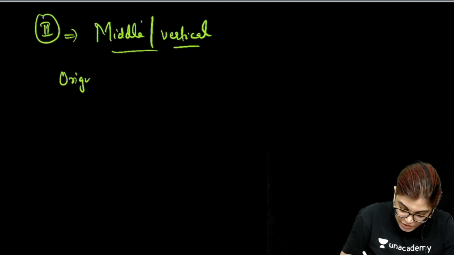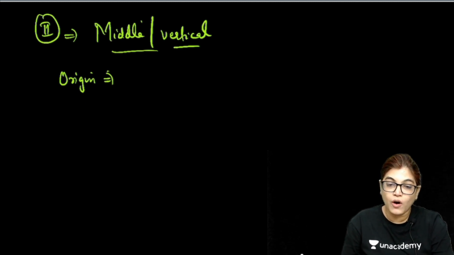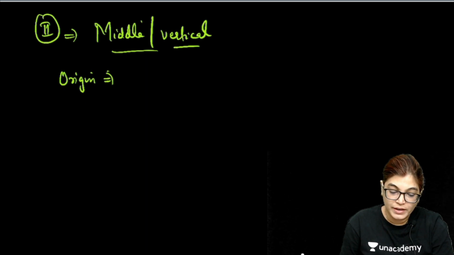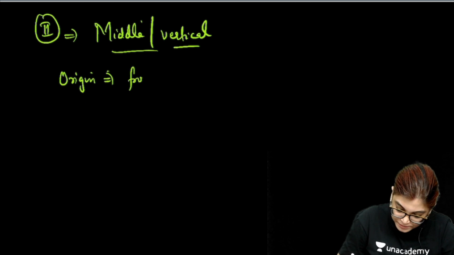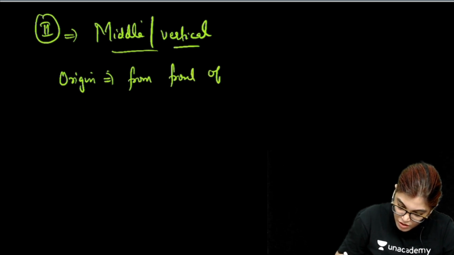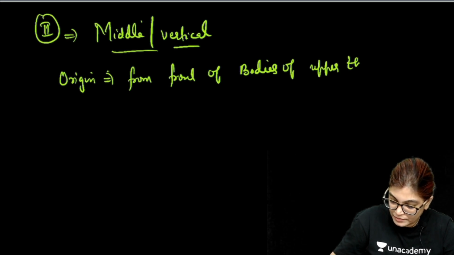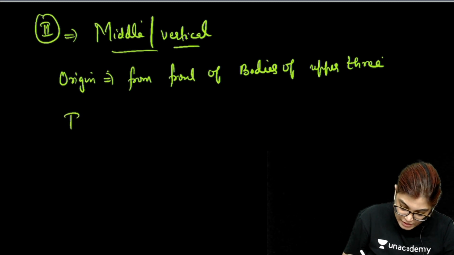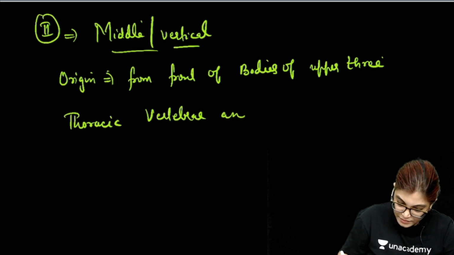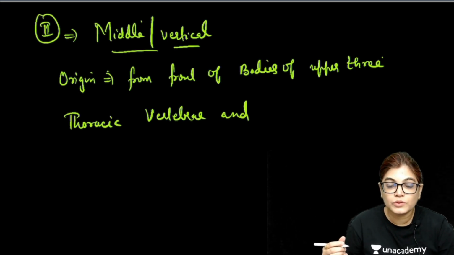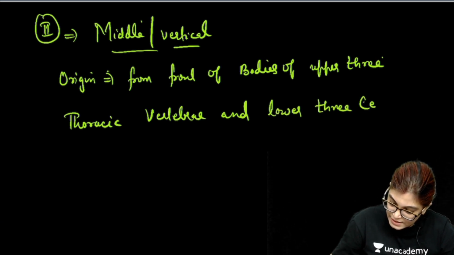Starting with the origin, it arises from the front of the bodies of the upper 3 thoracic vertebrae and the lower 2 or 3 cervical vertebrae.